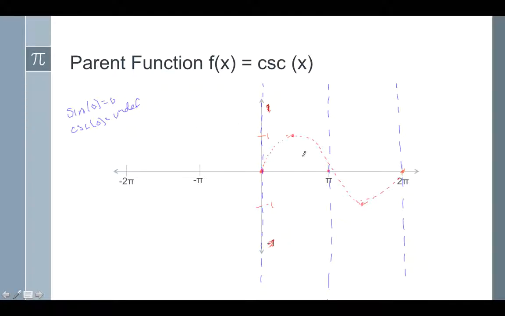Then, if you think about it, the sine of pi halves is 1, therefore the cosecant of pi halves is also 1 because it's the reciprocal. Now, these values here are smaller than 1, however, their reciprocals are bigger than 1. And think about any number, 3 over 4, which is smaller than 1, but its reciprocal is 4/3, which makes it bigger than 1.